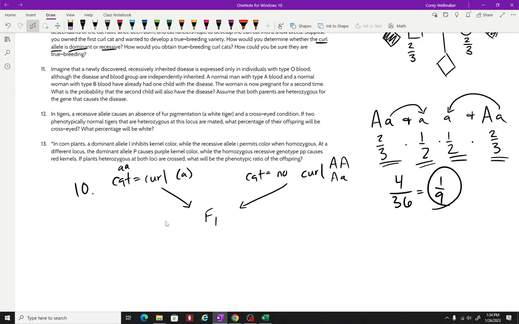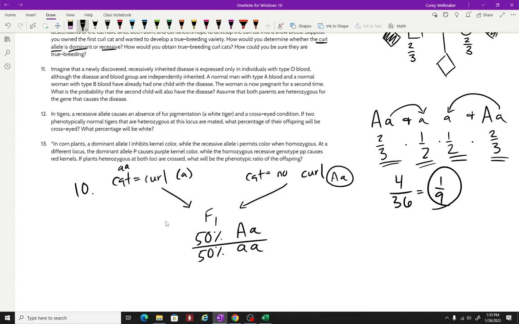So we have to look at what the F1 looks like. If curl is recessive, then we will either see 50-50, right? We'll see a 50-50 if the no-curl cat is heterozygous, right?